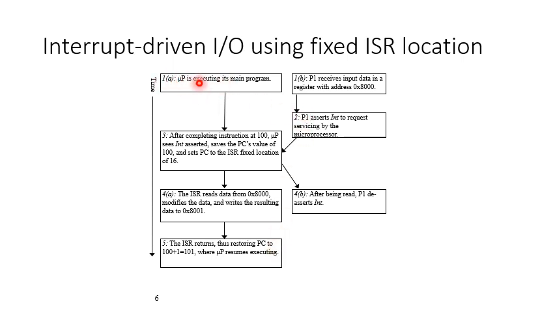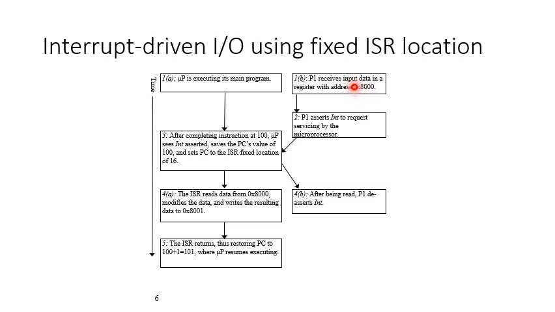Let's start from 1A. The microprocessor is executing some program. At the same time, P1, which is basically the port, or you can say a peripheral, receives input data in a register with address 0x8000.